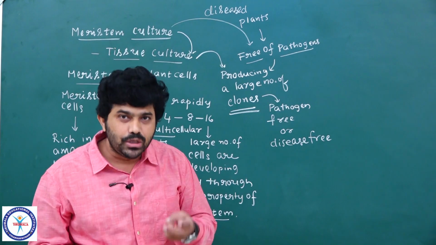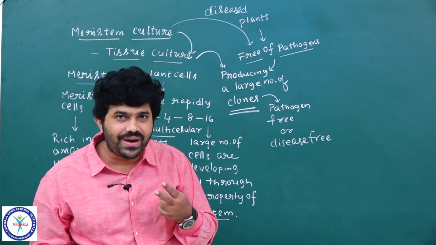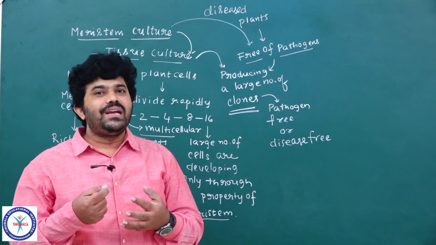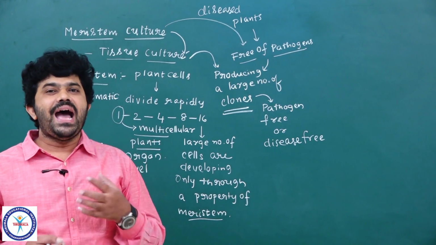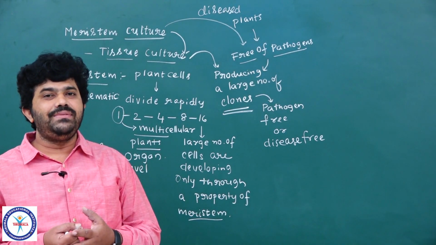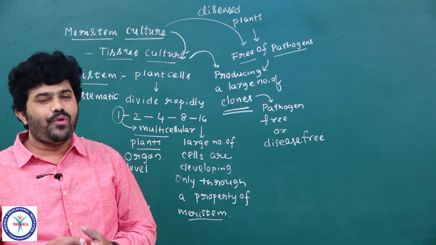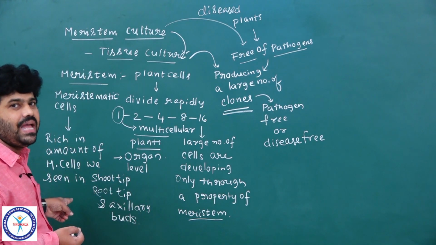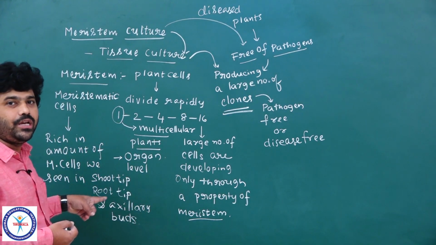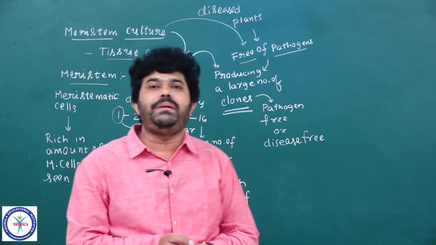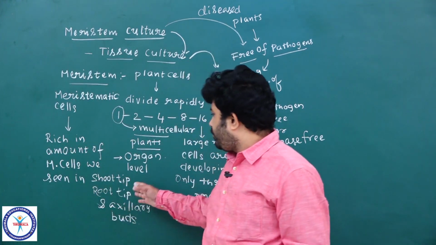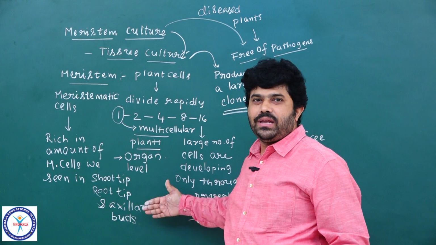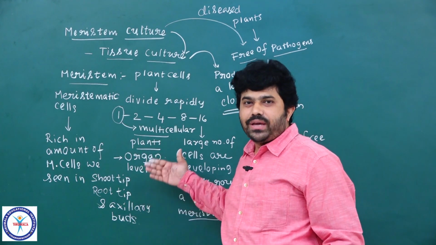So due to those two features, the high concentration of auxins and the rapid cell division seen in the meristematic cells present in the plant body like root tip, shoot tip and axillary bud, we collect these different kinds of meristematic cells.